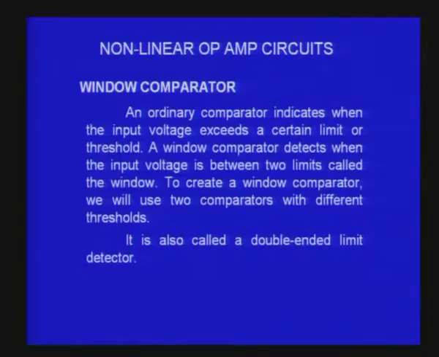One can set this lower and upper limit in any range that you require within 0 to VCC or minus VCC to plus VCC. So, a window comparator will have two definite thresholds corresponding to a lower tripping point and an upper tripping point, about which we also discussed in the last lecture.